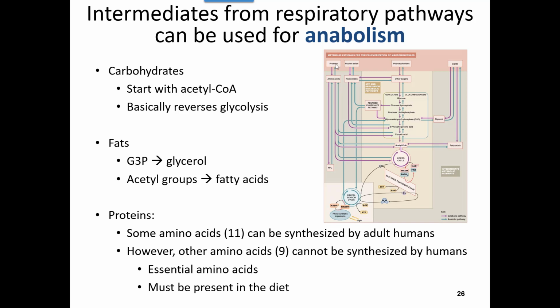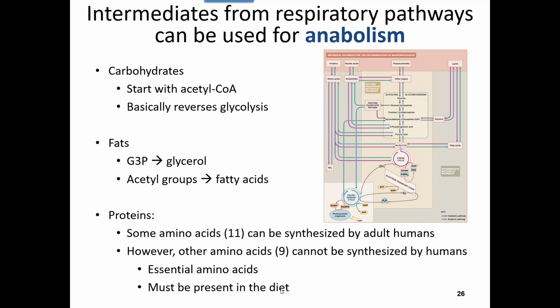So although it's showing we can make amino acids and we can make proteins, our cells can only make 11 of the 20, which means the other 9 amino acids that are needed to make proteins and enzymes have to be part of our diet. Our cells can't generate them, so we have to get those amino acids from somewhere. We get them from eating different types of protein molecules that can get broken down to give us those amino acids as building blocks. So our cells can't make everything. We do have to get some things from our diet.